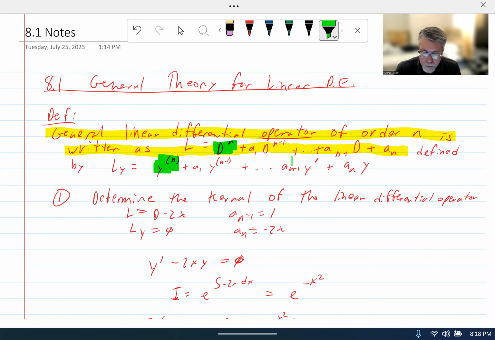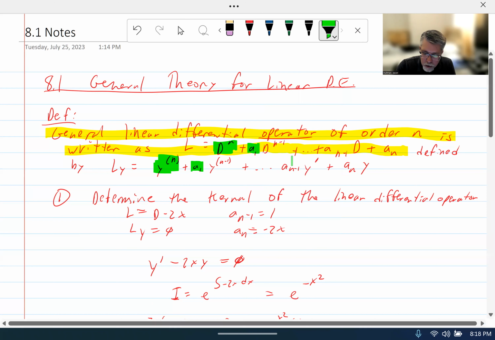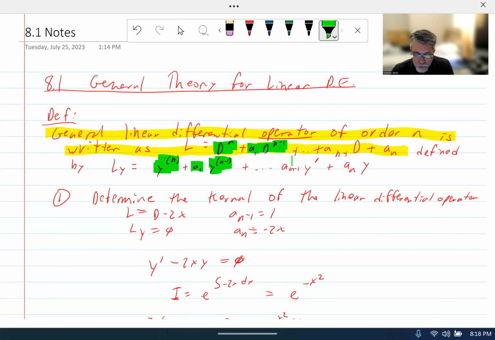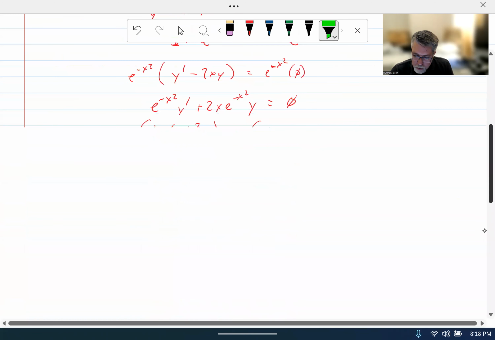So I have y to the nth derivative is D to the nth power, and then a1, that's just the coefficient, and then y to the n minus 1th derivative and D to the n minus 1th power. So we're taking these derivatives and turning them into powers, and using this operator D to help us do that, this variable D.